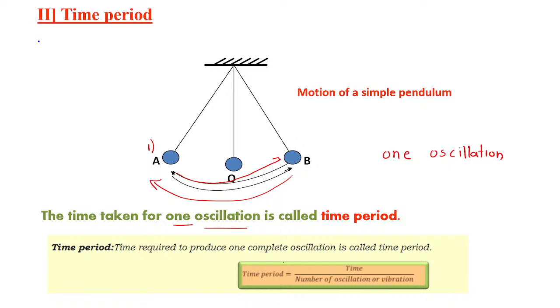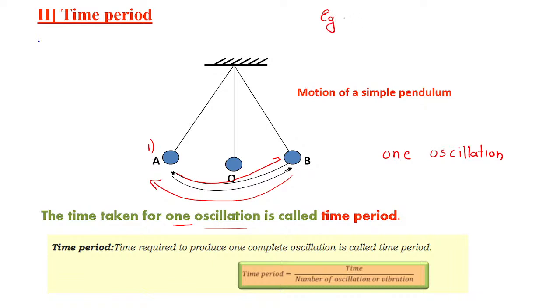You can also write this in terms of a formula. Time period is nothing but the time upon the number of oscillations or number of vibrations. You can find the time period for a given pendulum by calculating how many times it oscillates in 1 minute, and then find out how much time it takes to complete one oscillation, 2 seconds, 1 second, 3 seconds accordingly. Let me give you one example.